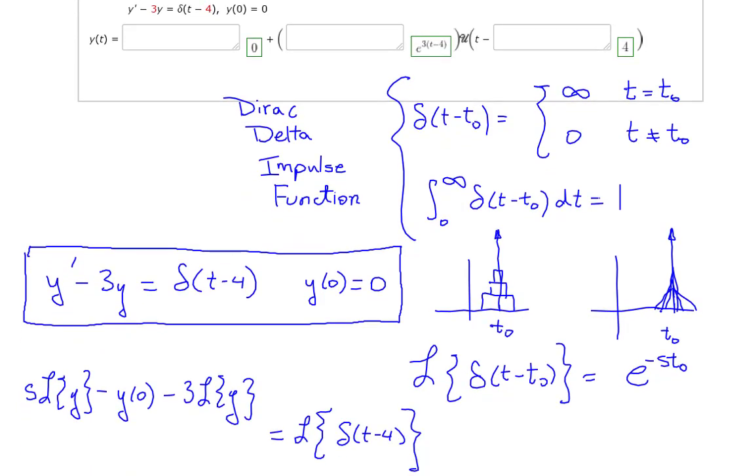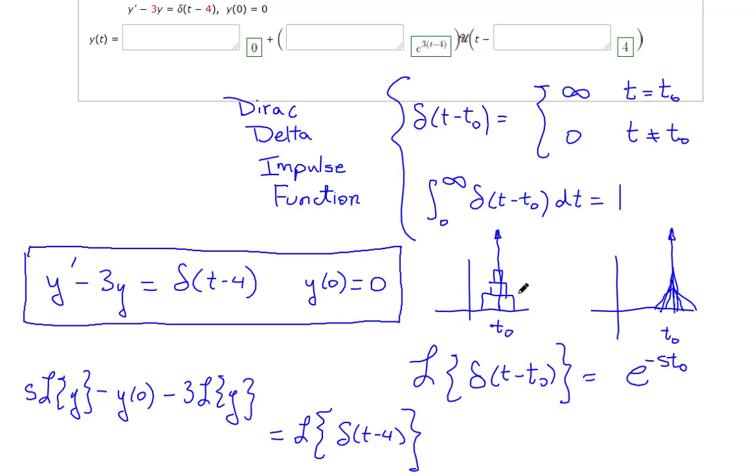The way that the Dirac delta function works is it's considered an impulse. It's an impulse at a particular t0 where it's been shifted. Outside of t0, the function is 0. At t0, the function goes to infinity.